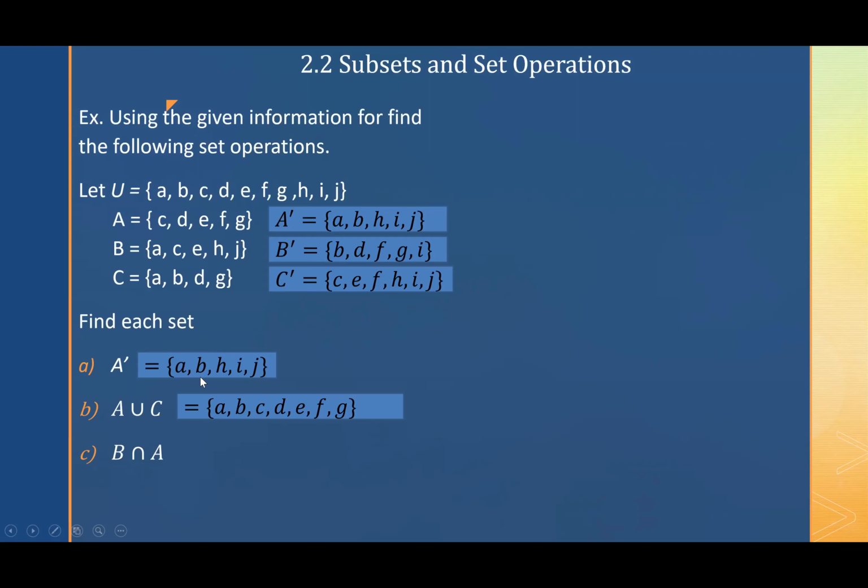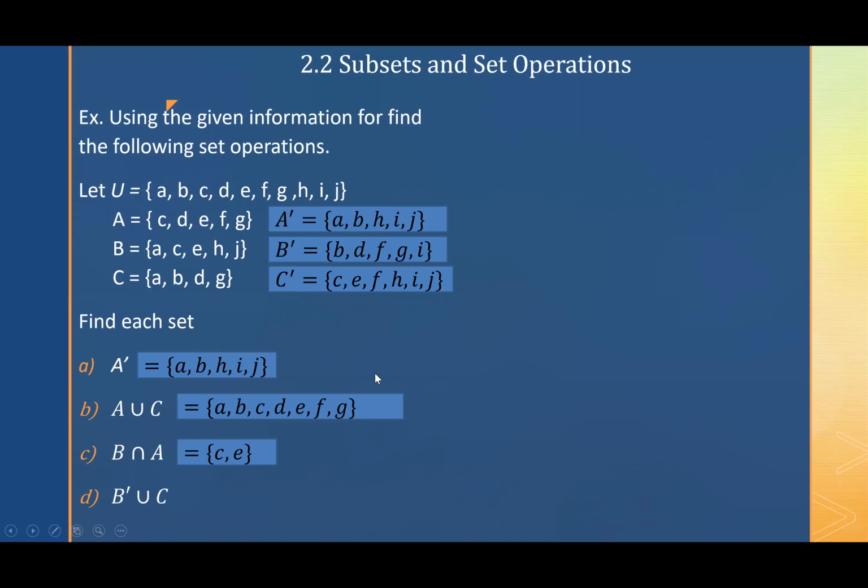Do you agree that B and A share an element we call C, and an element we call E? Those are the only 2 items that B shares with A, which is C, E. Or you can do E, C, the order doesn't matter. The C is inside A and also inside B. And the E is also inside A and also inside B.